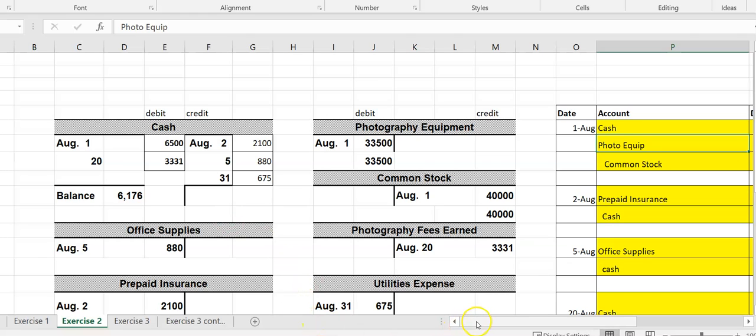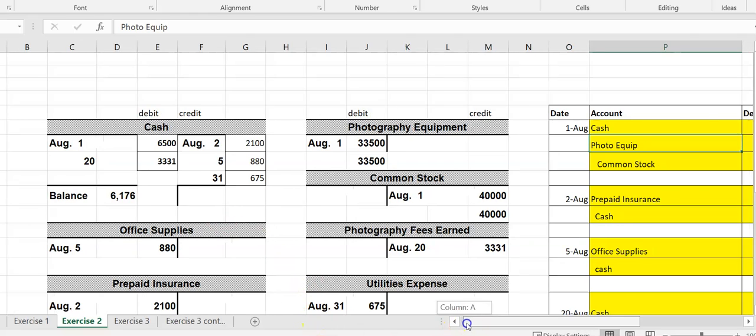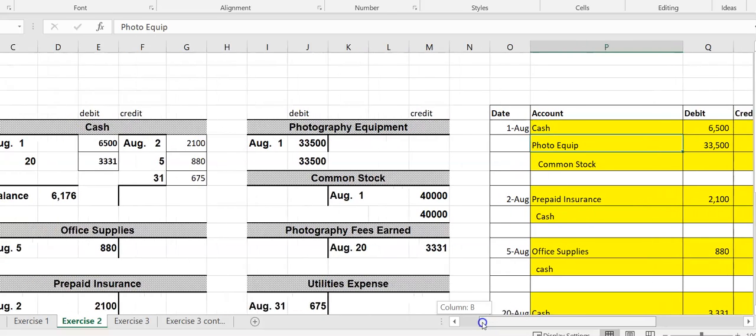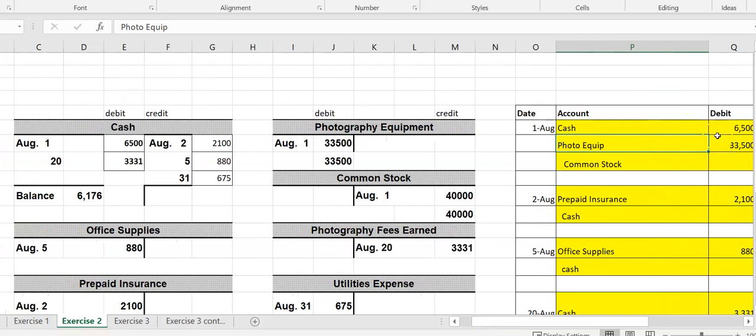So we have, let's see if I can get it all on the screen, maybe, just barely. So now you take these journal entries and put them into these accounts. This is a debit. This is the credit side. So we'll just put the credit over here. And you're just going to copy those numbers to where they belong. So on August 1st, we received cash, which was a debit of $6,500.